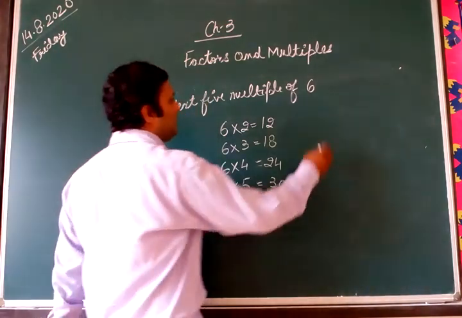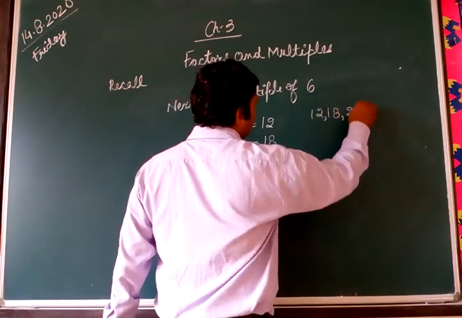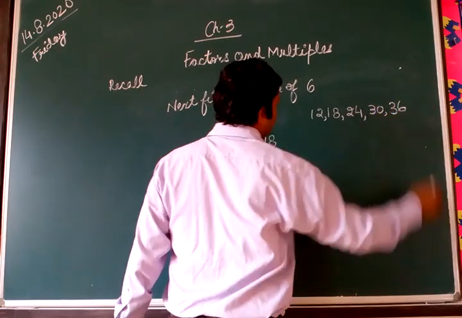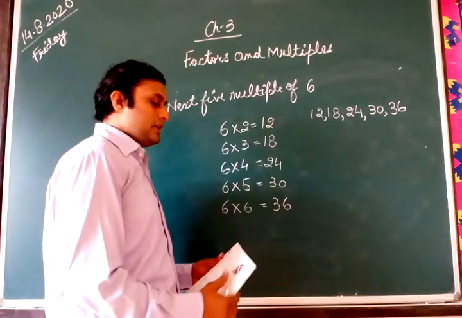So the next 5 multiples of 6 are 12, 18, 24, 30 and 36.